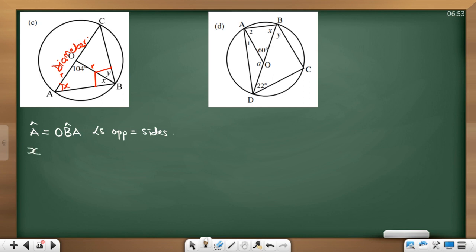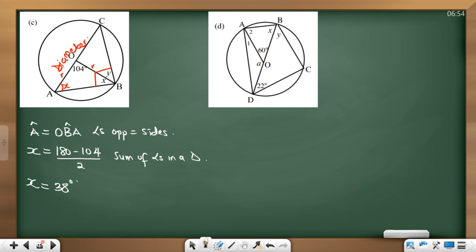Therefore, x, which is B, will be 180 minus 104 over 2, sum of angles in a triangle. Now, what is the value of x? 180 minus 104 would give us 76, and that will be 38 degrees. And you are done there.